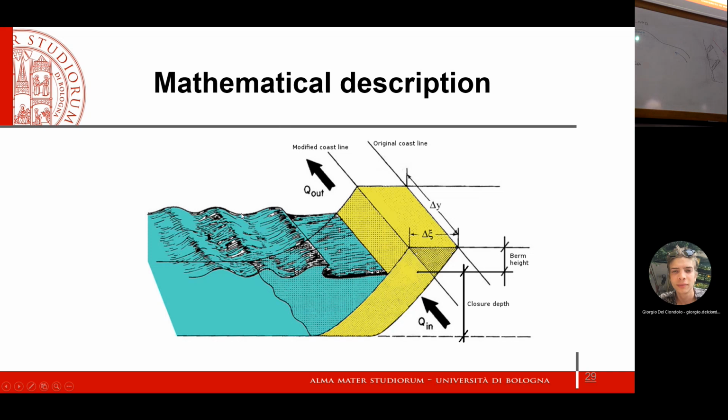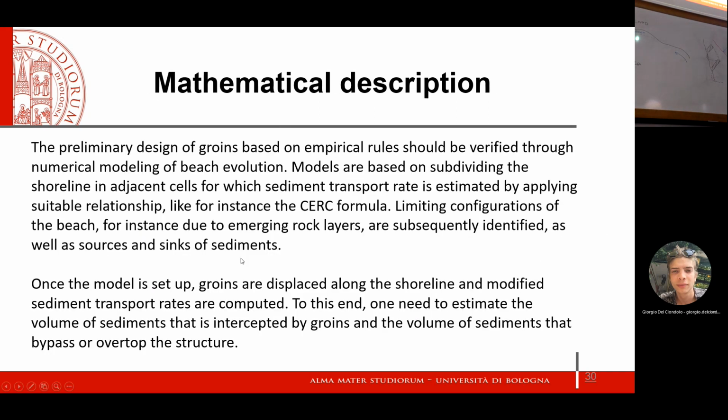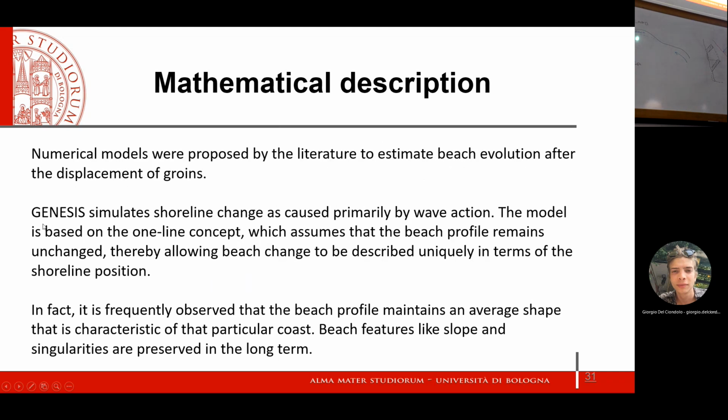And if we want to be able to make it under R, for instance, we can write a very simple code by making several approximations. There are models which apply the same principle but do less approximations. And one model that is largely used is called, it's not mentioned here, but in the next slide, it's called Genesis.